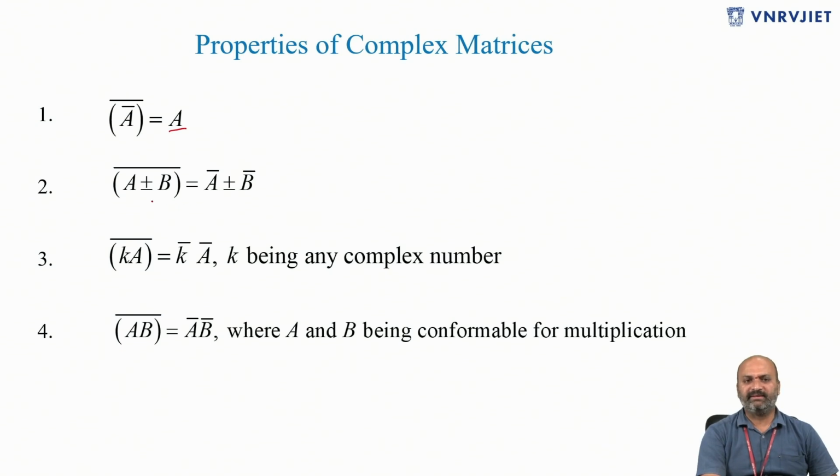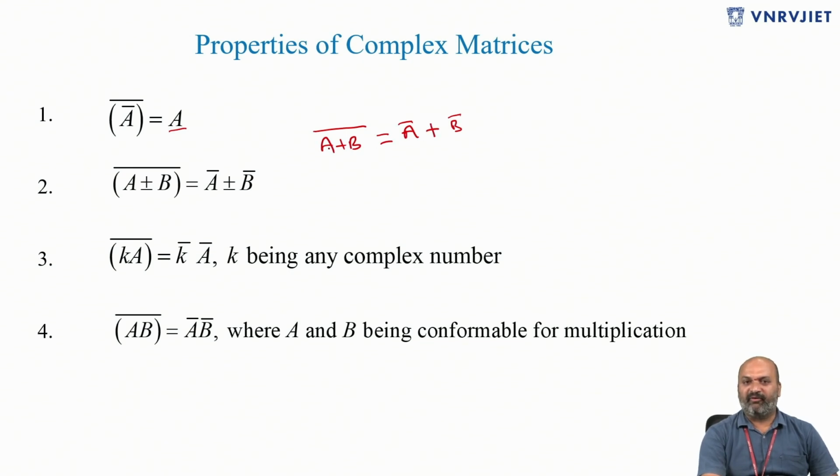Similarly, the second property: you have two matrices, let us consider A and B. We add two matrices or we subtract two matrices. After adding or subtracting, you determine the conjugate of the matrix, which is the same as first finding the conjugate of A and conjugate of B, and later adding.